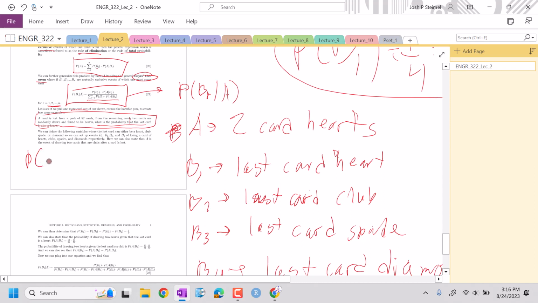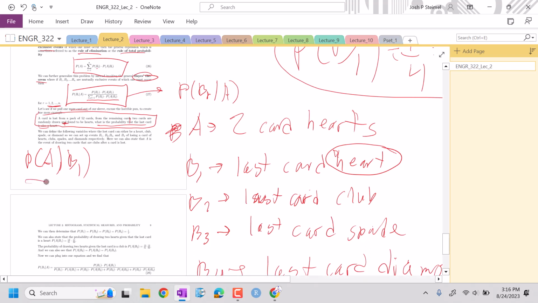So what is the probability that we can draw A given that B1 has occurred? Given that the card that was lost initially is a heart, what is the probability that we draw 2 cards from the deck randomly and they were both hearts? The critical factor here is 'and', because we're randomly drawing, it needs to be a heart and a heart.